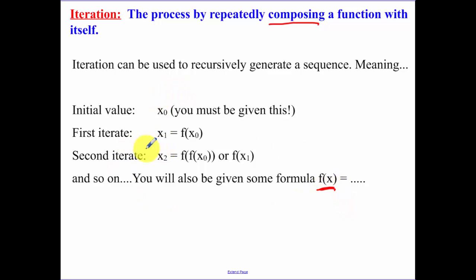To get your first iterate, you plug in the first value and you find the function. Now the second iterate is you compose the function twice, meaning you take the value that you originally found and compose it into the function to get the second value, and so on until they tell you how many you want to find.